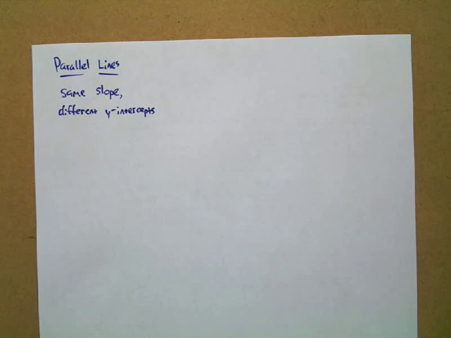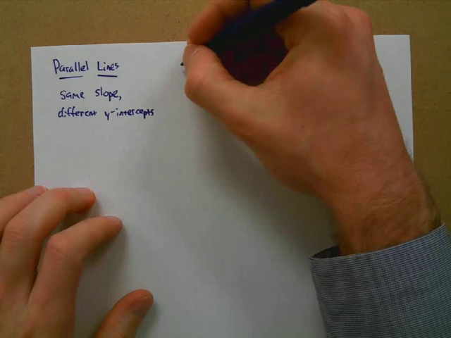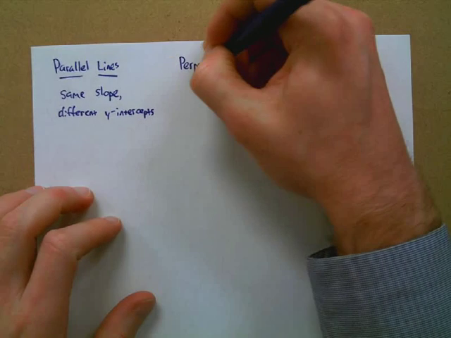All right. Let's talk about perpendicular lines. Now, what's special about perpendicular lines? Yes, they meet at a right angle. That's from geometry. What's true about their slopes? They're not the same, but they're related.